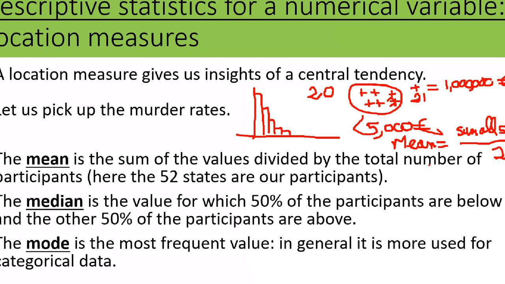So this will be very big. Because of that person earning €1,000,000, it will be close to maybe, let's say, 80,000 euros per month.